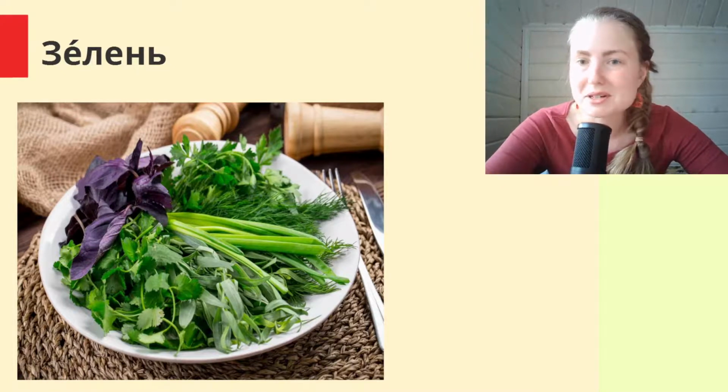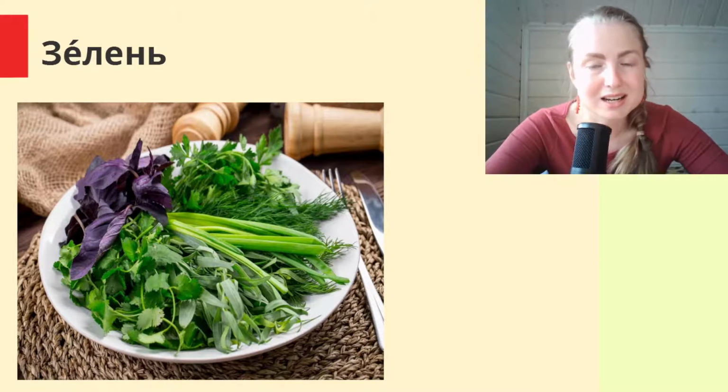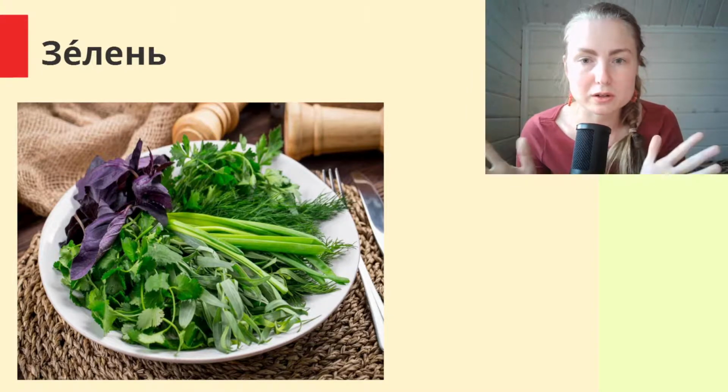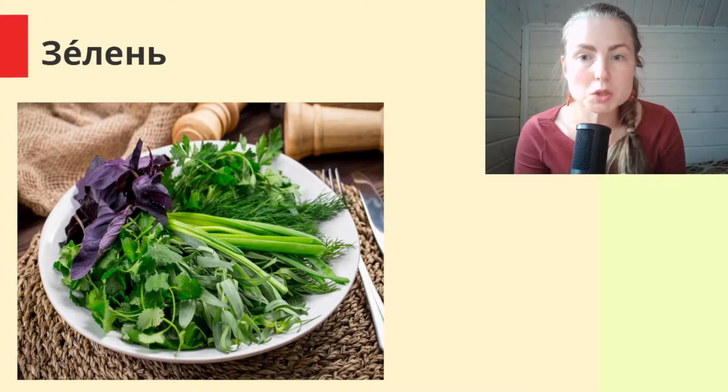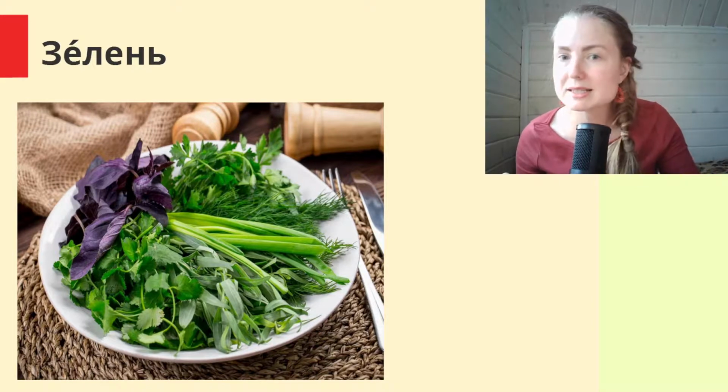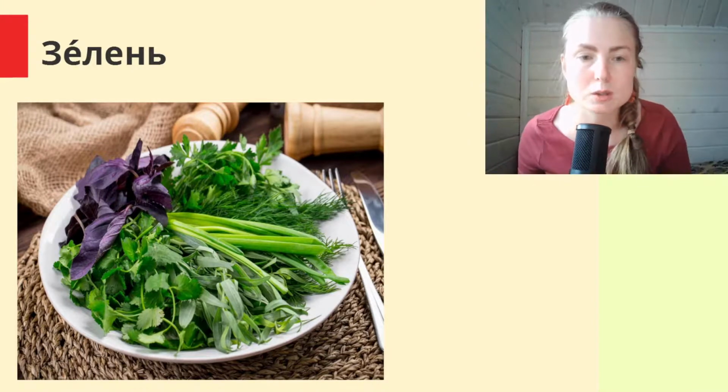Frankly speaking, it's very difficult for me to translate this word into English. Zelen includes all sorts of grasses which we use in cooking or for salads, like onions, basil, dill, parsley, etc.